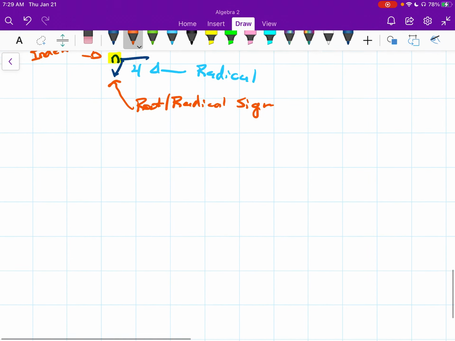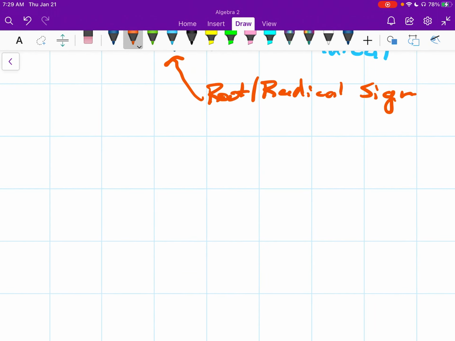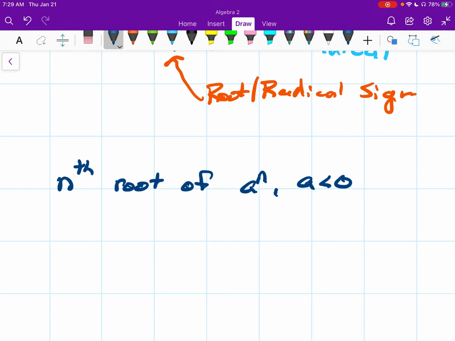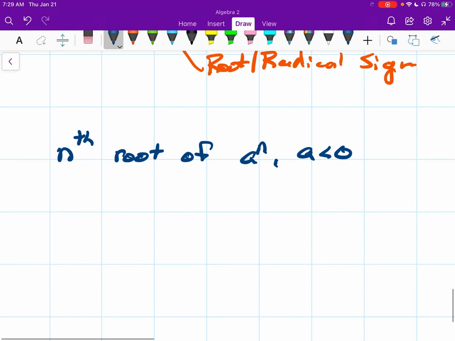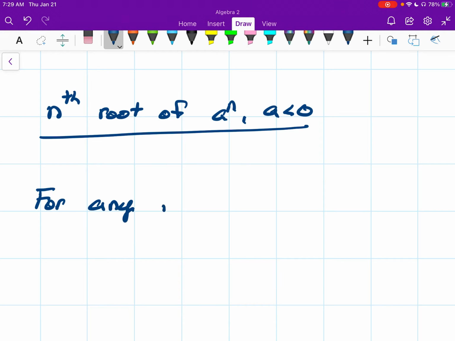All right, let's move on. This is a property of this. This is the nth root of a to the n for a less than 0. For any real number, excuse me, it's for any negative real number.